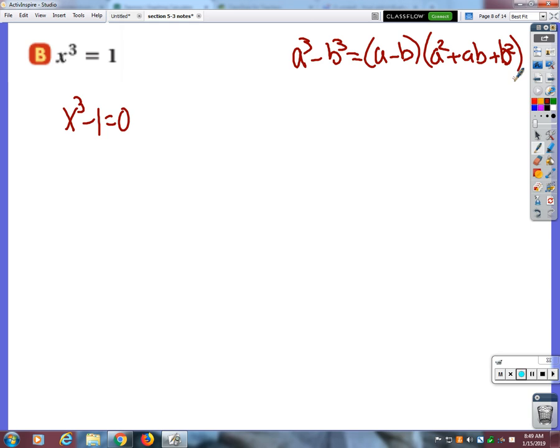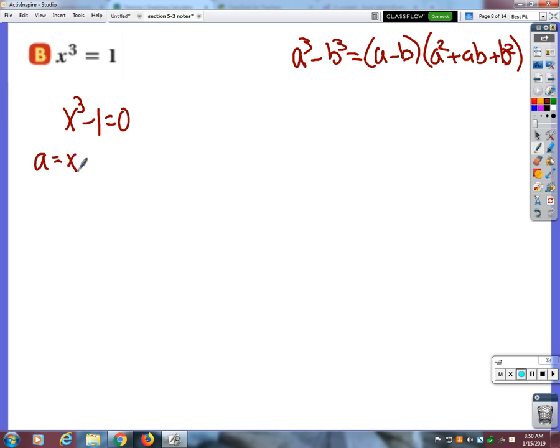So this is our factor pattern for adding or subtracting two things that are being cubed, okay? So in this case, if I'm looking to factor x cubed minus 1, what does a equal? How can I make this look like this?